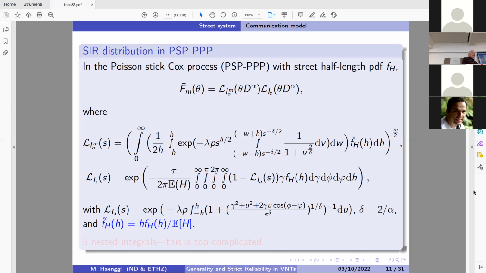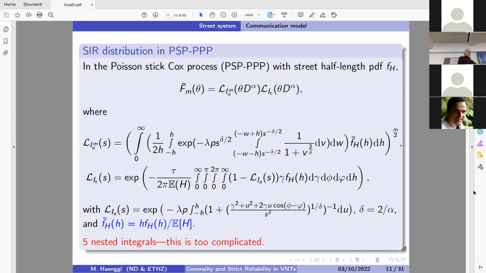Why is that? We need to take into account that longer line segments on average have a larger number of vehicles. So the typical vehicle is more likely to be on a long line segment than on a short one. This is size-biased sampling, which we need to take into account using this skewed distribution.